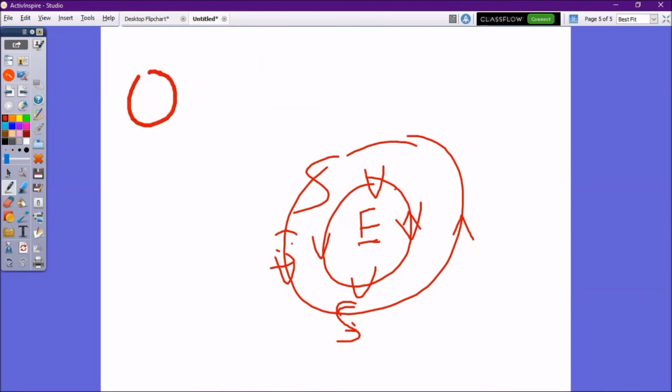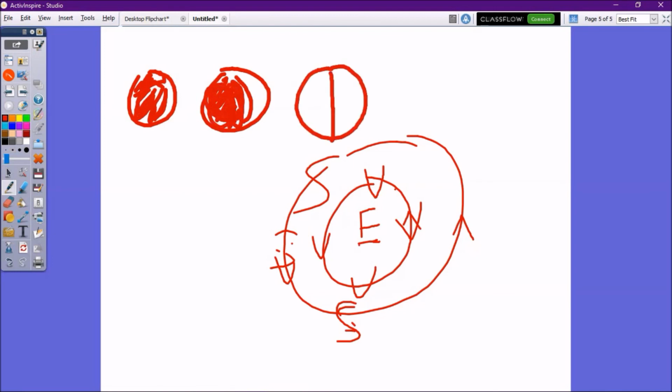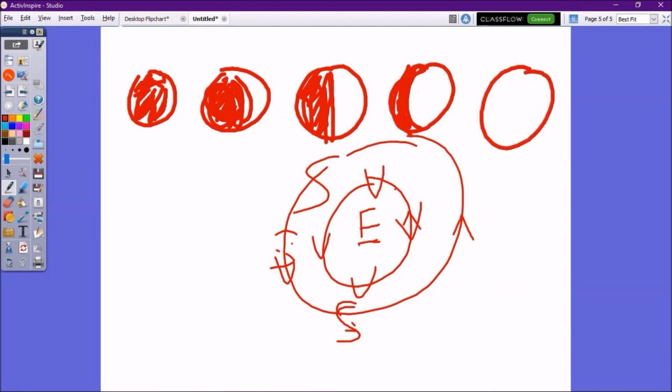So if we started off with a mostly dark moon, a crescent moon, and then as we move to the next phase, a little more is lit up, and then we move to the next phase, half of it's lit up, the next phase, now more than half of it's lit up, and then the next phase, it's all lit up.